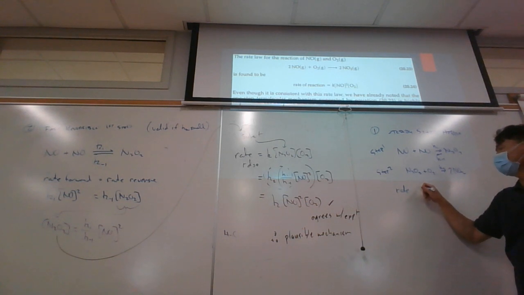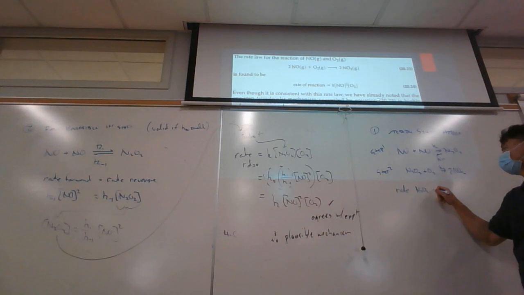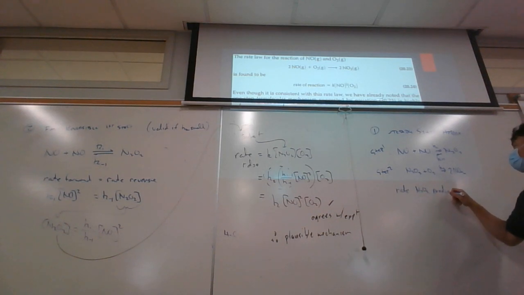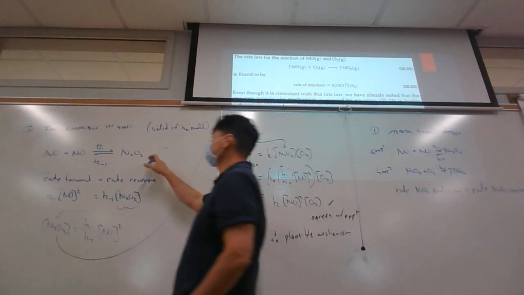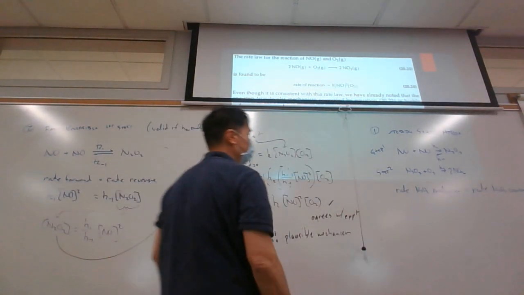What we're going to say is the rate of N2O2 production is equal to the rate of N2O2 consumption. In the fast reversible, the only consumption was the reverse of the first step.